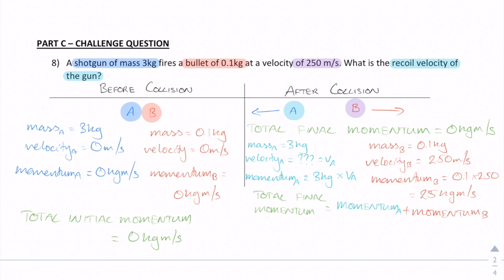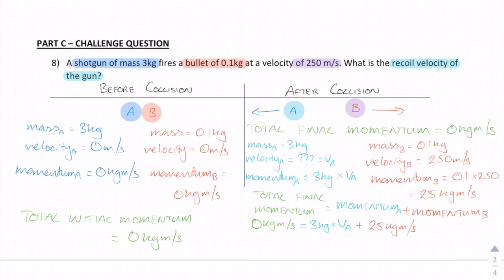So we know that total final momentum from above is equal to 0. So 0 kilogram meters per second is equal to the momentum of A, which is from above 3 kilograms times VA, and the momentum of B is equal to 25 kilogram meters per second.